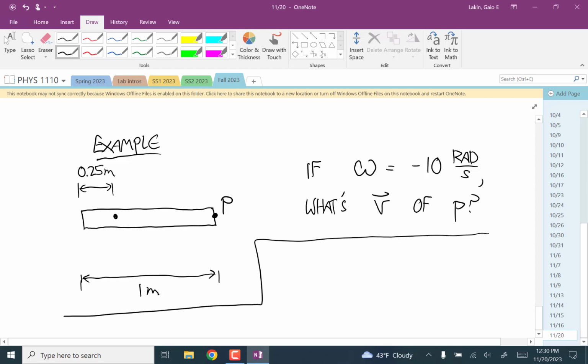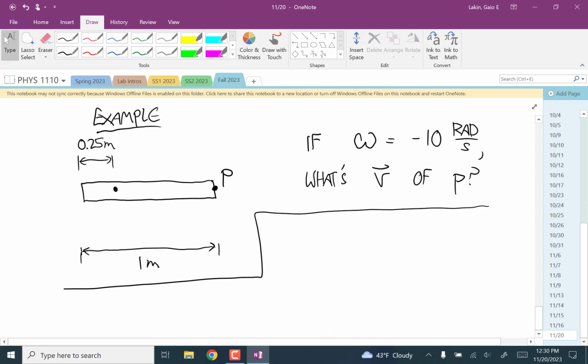Well, first let's think just physically about what that point P is doing. This is moving clockwise, so it's moving in a circle like that, this way. So what direction is that velocity vector going to be? Can you picture that?